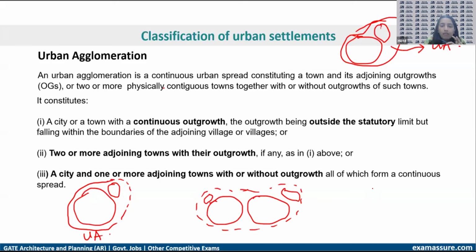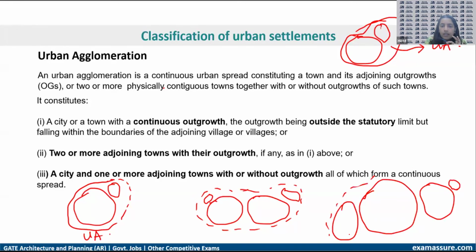Or you can have, let's say, one large city, smaller towns, their outgrowths, or outgrowths could also not be there, that is okay. And this entire parcel of area considered as one unit is what your agglomeration is.